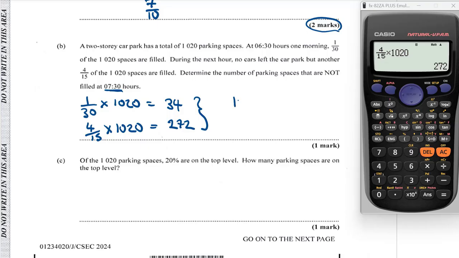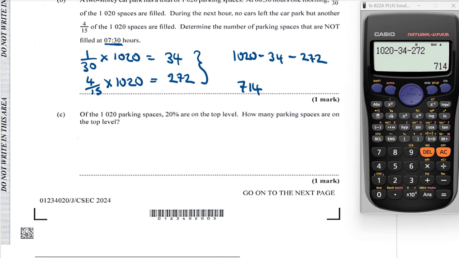So I'm going to have 1020 minus 34 minus 272, and if I enter this in my calculator, that's equal to 714. So 714 parking spaces are not filled at 0730 hours.